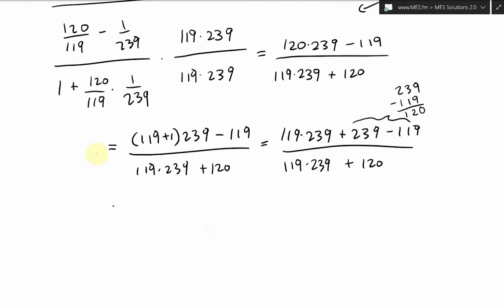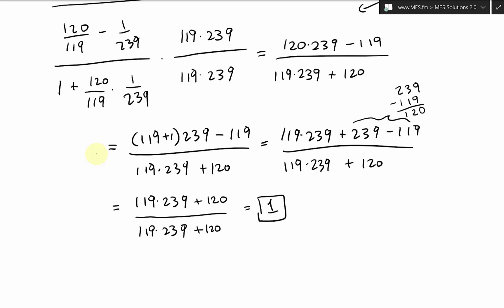So put this all together: we got 119 times 239 plus 120, over 119 times 239 plus 120. So they all just cancel, and we're left with 1, which is quite fascinating.